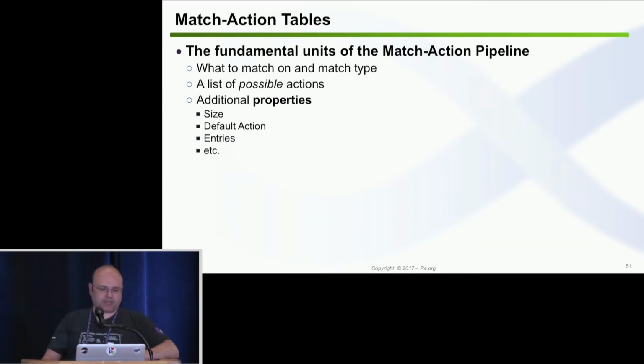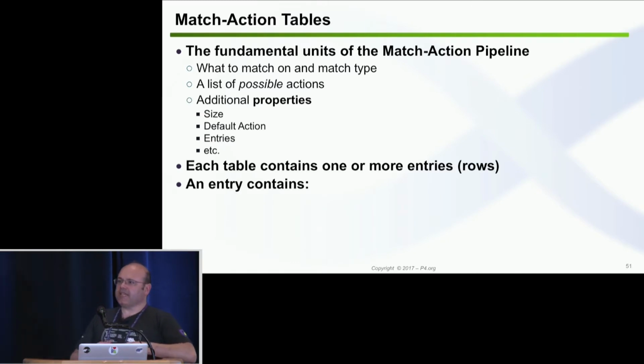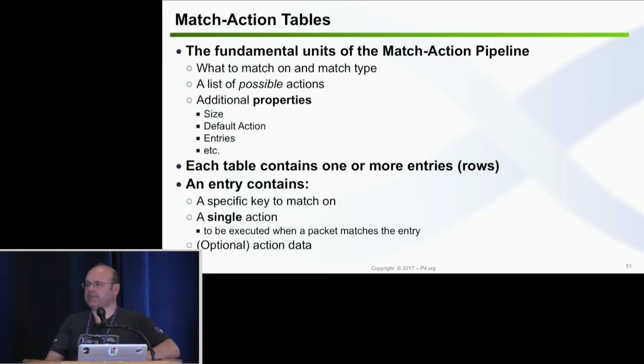You can initialize entries and so on and so forth. Each table consists of one or more entries, or rows. That's how all tables typically are. And the entry will contain a particular value that you want to match on, a single action out of that list, so it cannot contain more than one action, and the action data, depending on what you need to do.